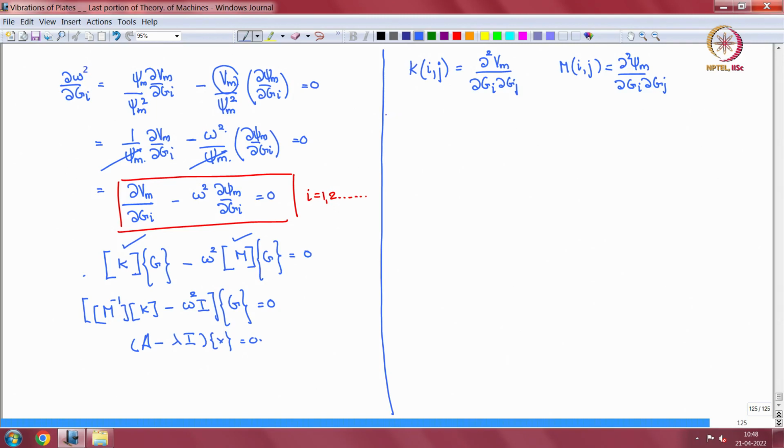Let's take an example now, of a cantilever beam.